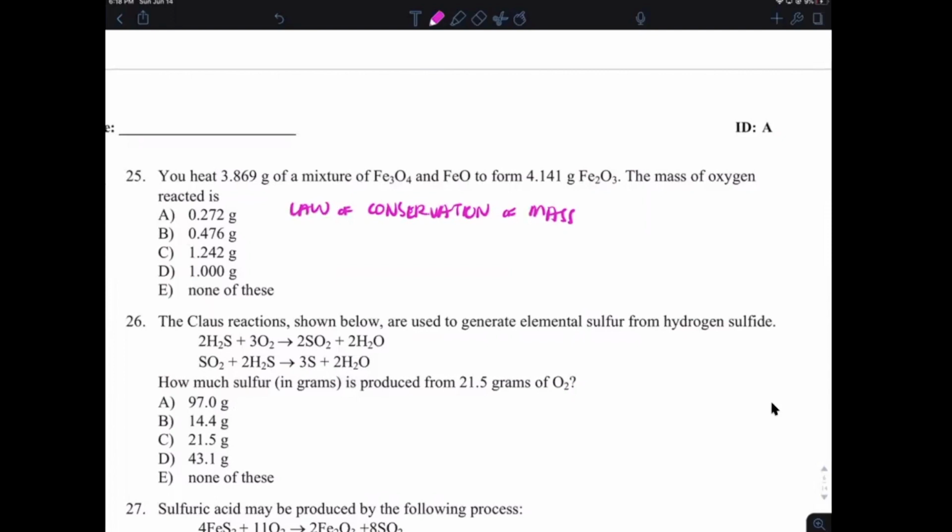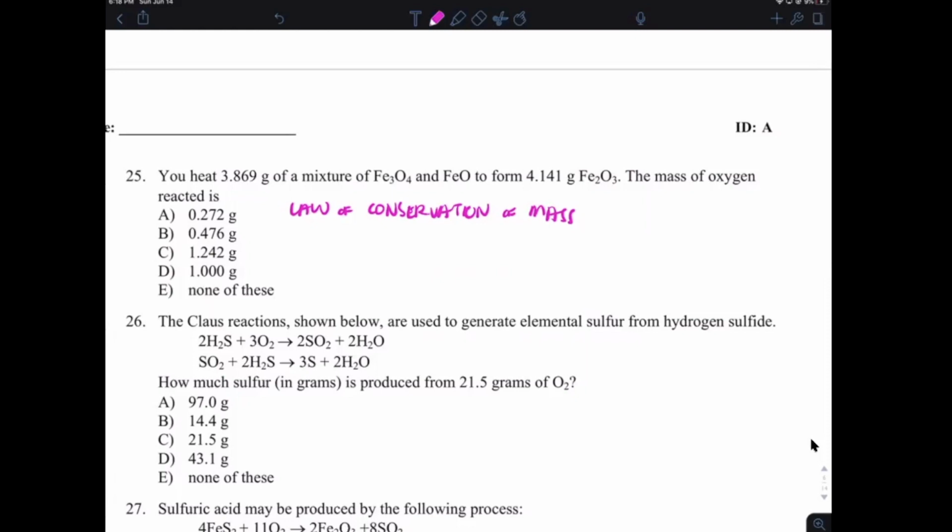Did you guys learn it in class? I don't think we learned it. Okay, well, have you ever heard of how matter is neither created nor destroyed? Yeah? Okay.